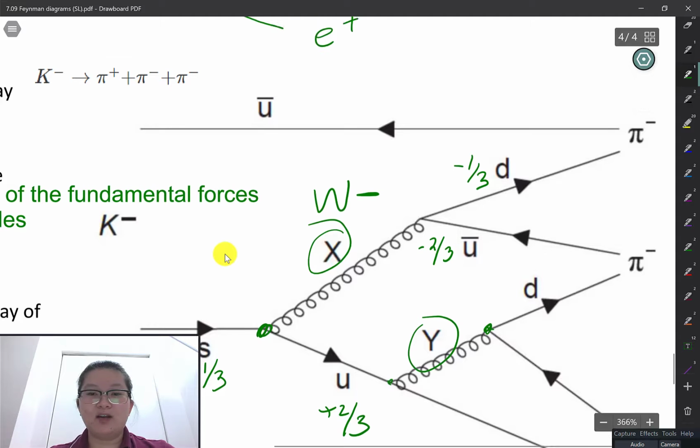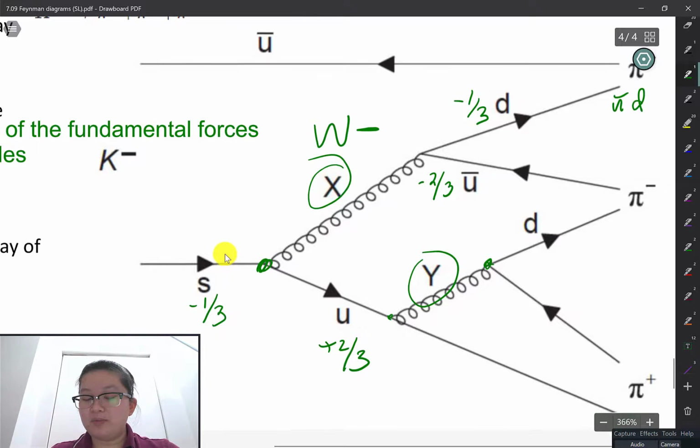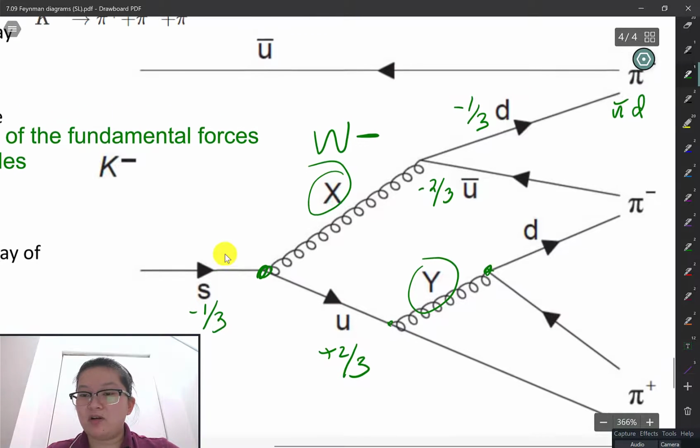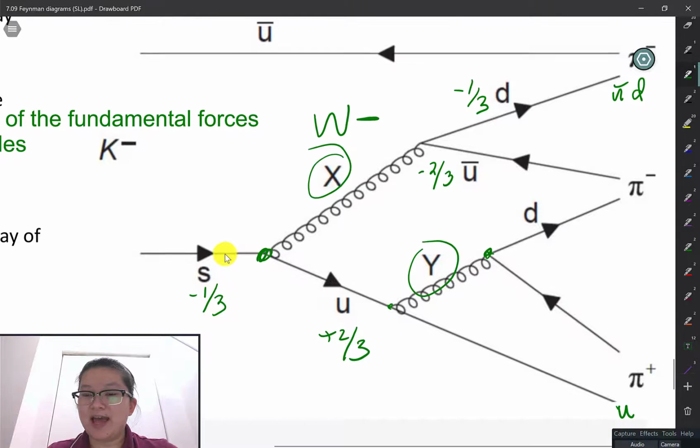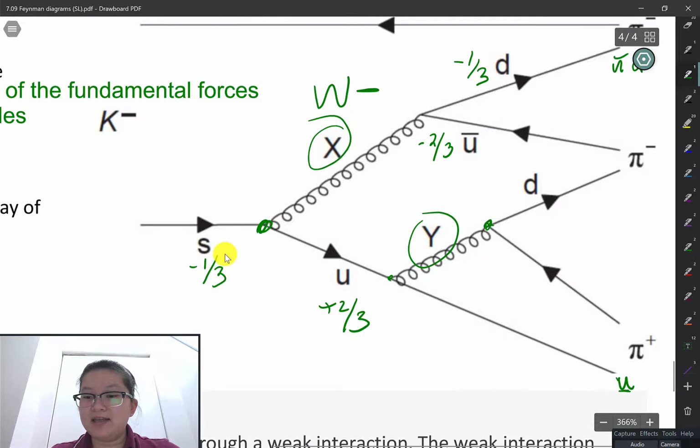For example, this negative pion is composed of an anti-up and a down quark. The positive pion, the antiparticle, is going to have the opposite: a regular up quark and an anti-down quark. So it looks like this.